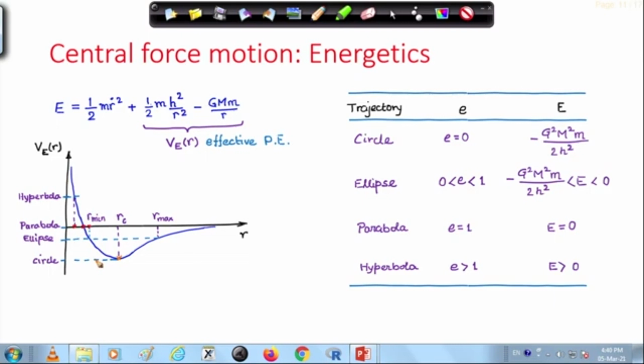This is the energy on a circular path, where r is to be replaced by the radius of the circular path. Therefore, the energy is only the effective potential energy with r replaced by the radius of the circle.